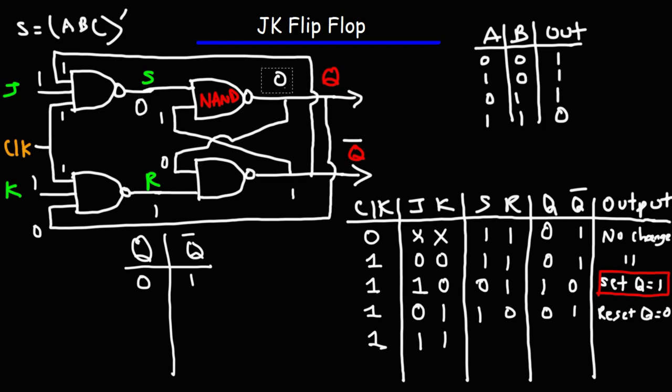So Q is going to change to 1. So Q is no longer 0. Now this is going to change here. So this is going to become a 1. And that is going to make Q bar 0.